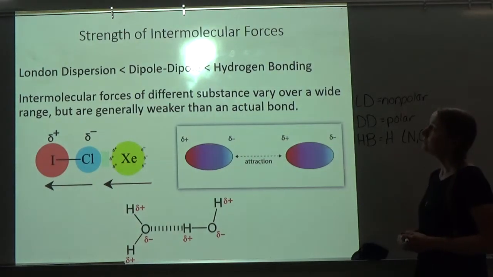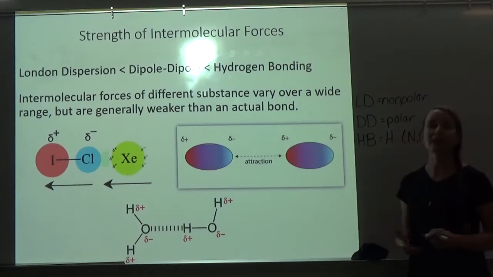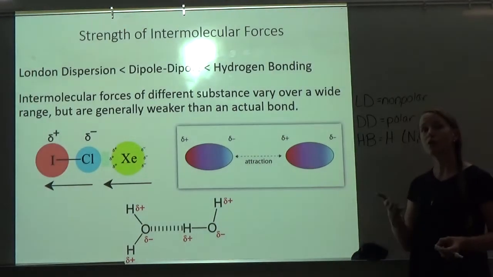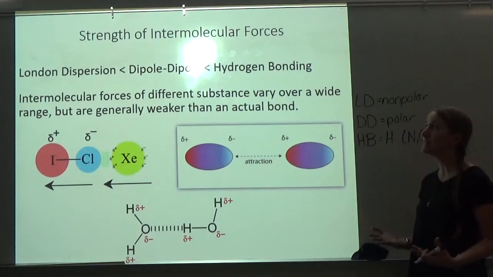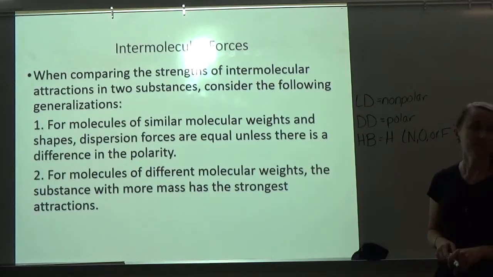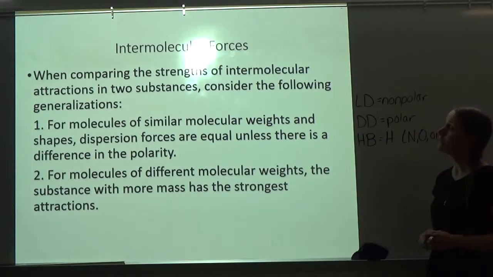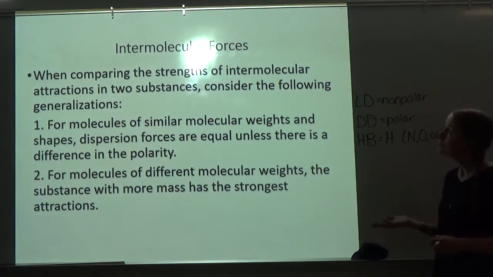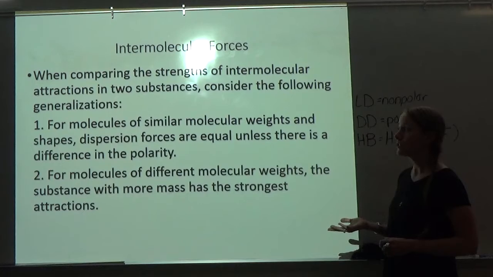Intermolecular forces of different substances vary over a wide range, but are generally weaker than an actual bond. Real covalent and ionic bonds tend to be stronger than intermolecular forces. When comparing the strengths of intermolecular forces in two substances, consider the following generalizations.